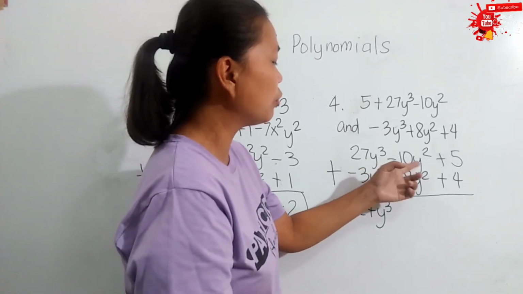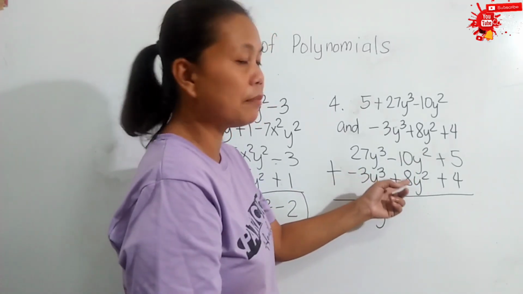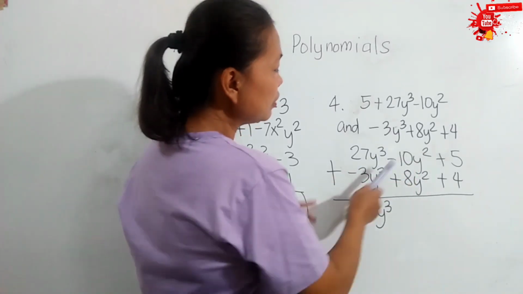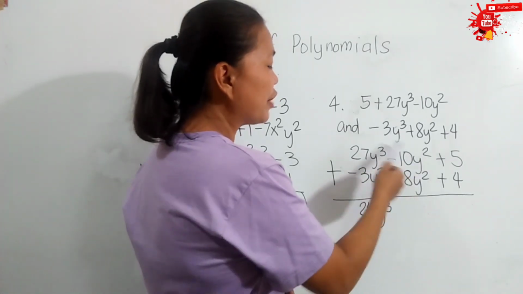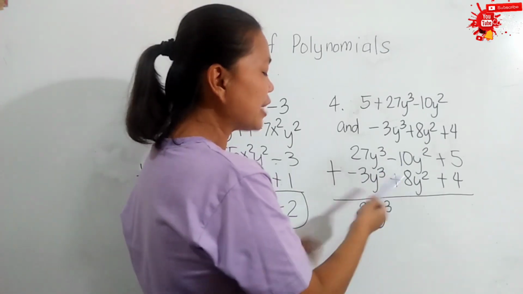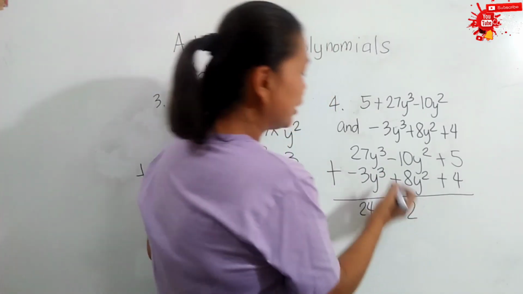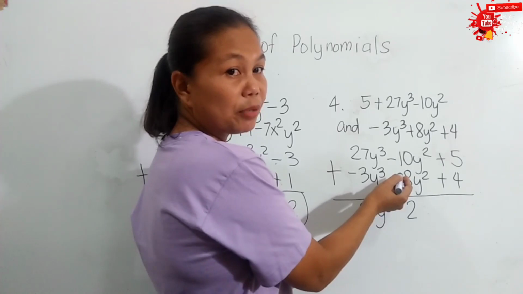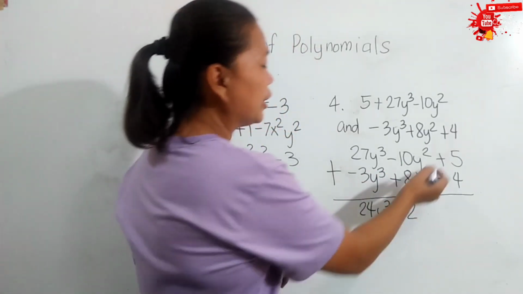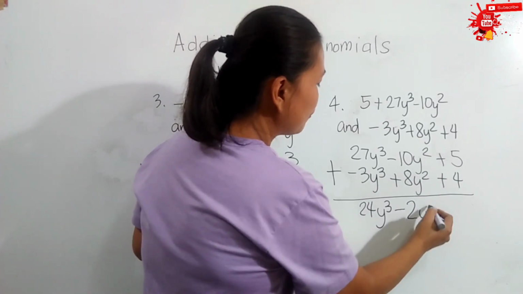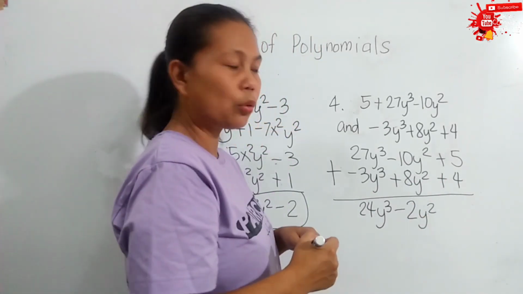Now for negative 10y squared plus positive 8y squared, what is negative 10 plus positive 8? They have different signs, so subtract. 10 minus 8 is 2. Then we follow the sign of negative 10 because negative 10 has a greater absolute value. So negative 2. Then we copy the literal coefficient, which is y squared.